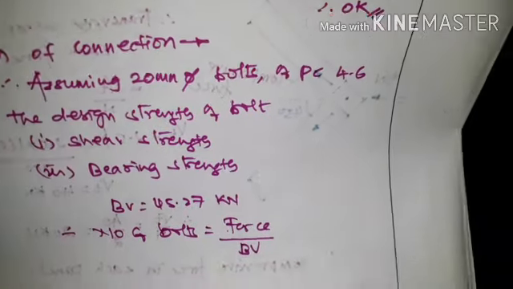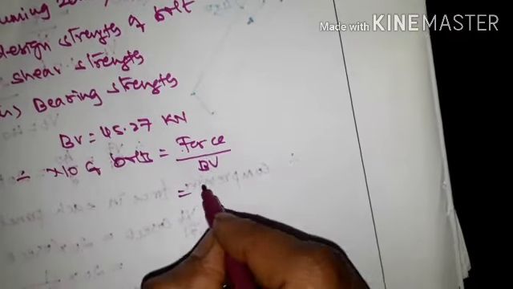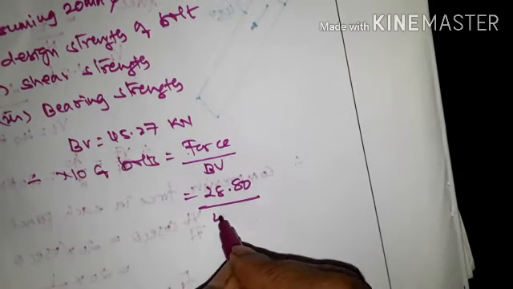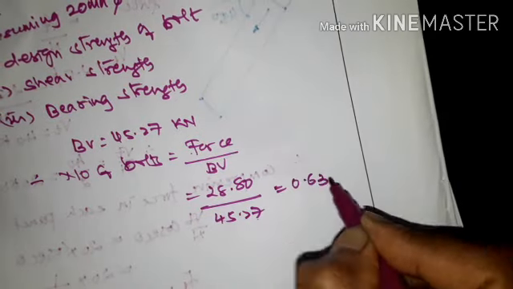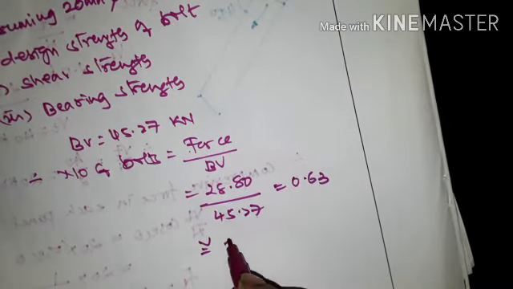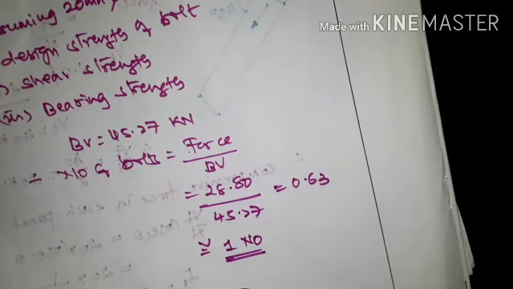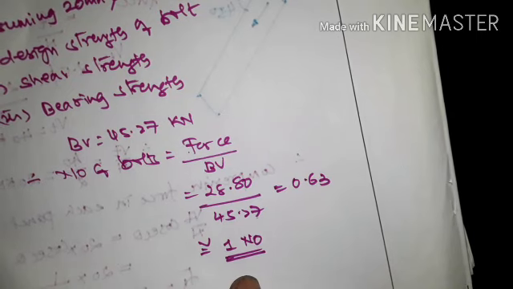Here the force is 28.28 in each plate divided by the bolt value 45.27, so we'll get 0.63. So we have to provide a minimum of one bolt for the lacing connection.